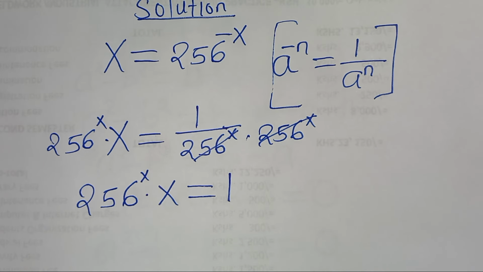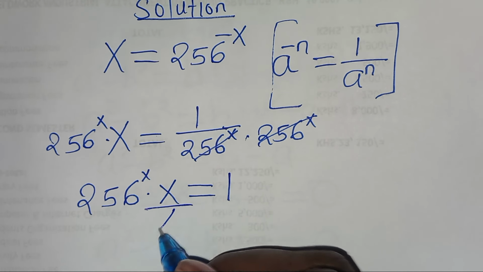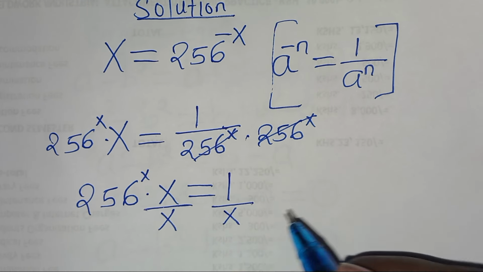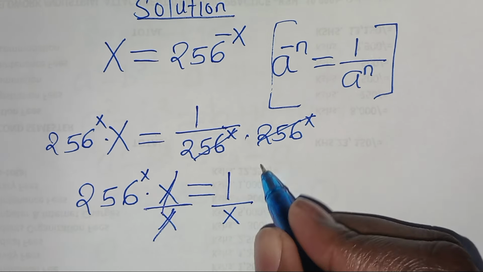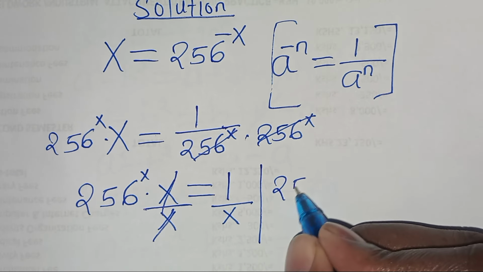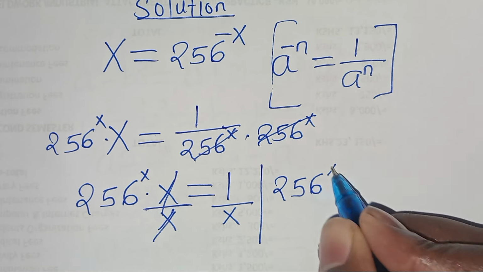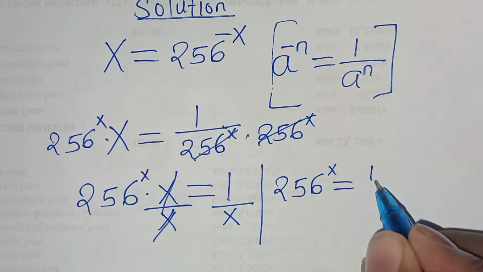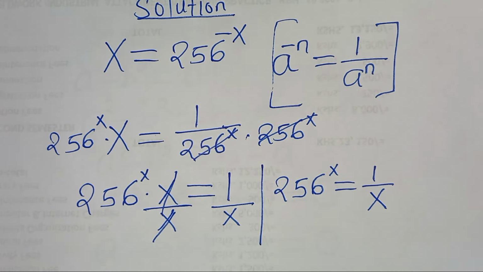Now, the next step from here, let's divide both sides by x, so that now we have 256 raised to the power of x is equal to 1 over x.